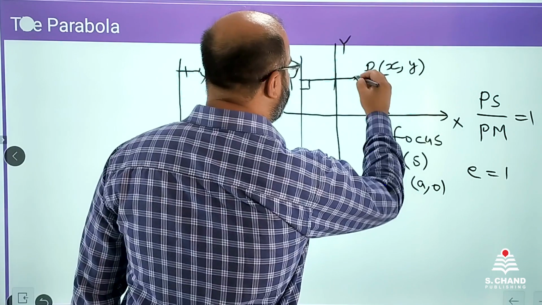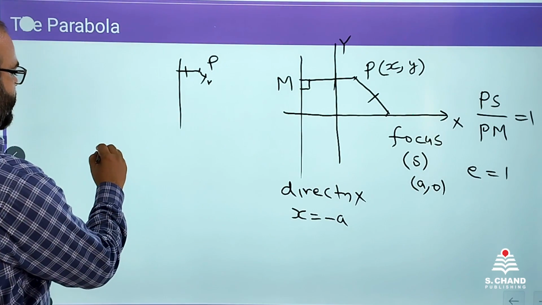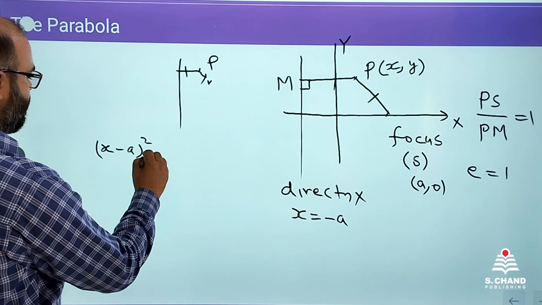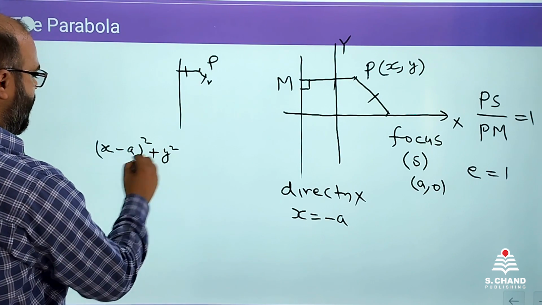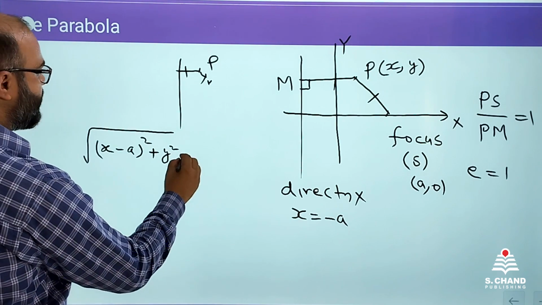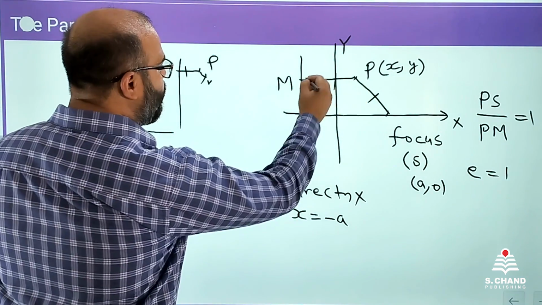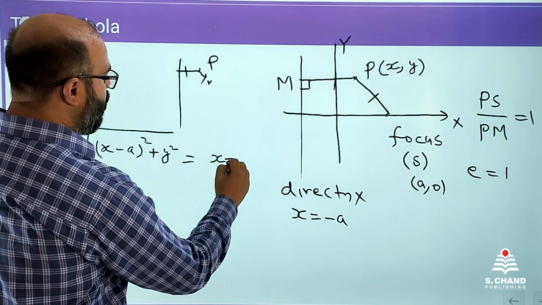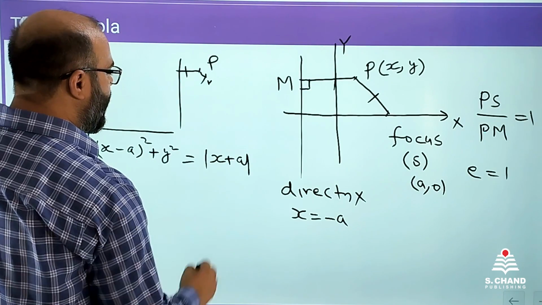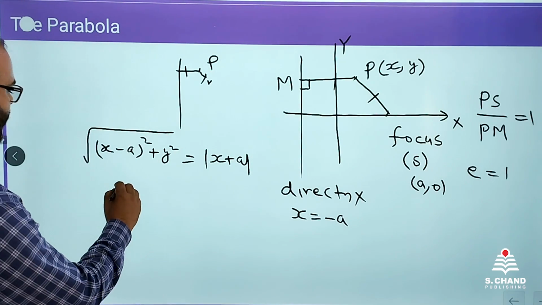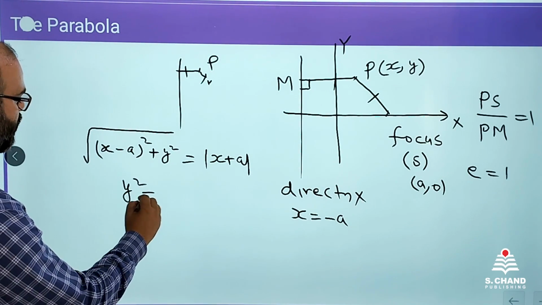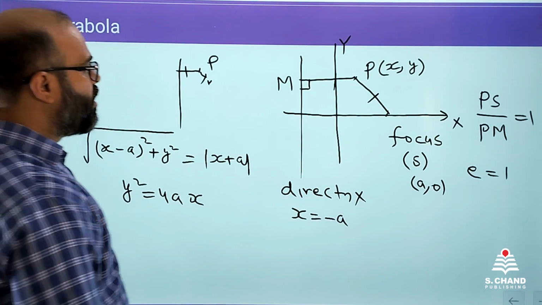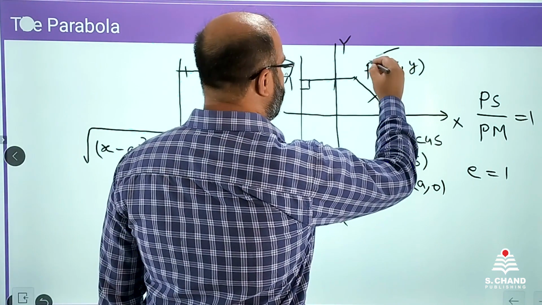So the distance of P from the focus is the square root of (x minus a) whole square plus y square, and the distance of P from the directrix is equal to mod of x plus a. Now when you square both sides and simplify, you will get the equation y square is equal to 4ax.